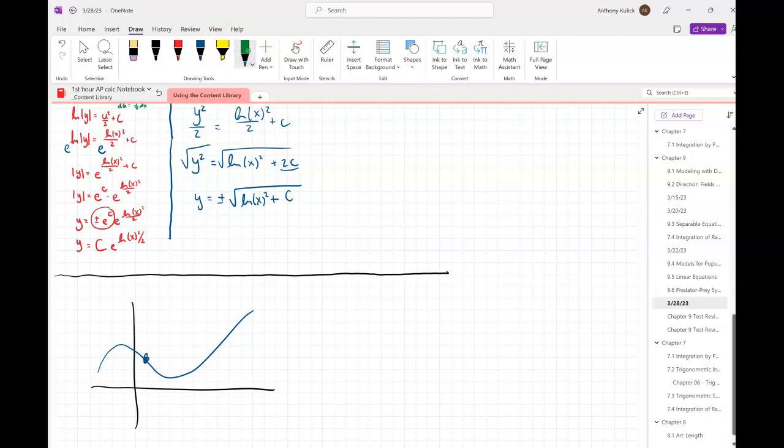What you're doing with Euler's method is pretending that you're a line, building a linear approximation from some little piece of it, and piecing that all together. So that green stuff would be the Euler's method piece.